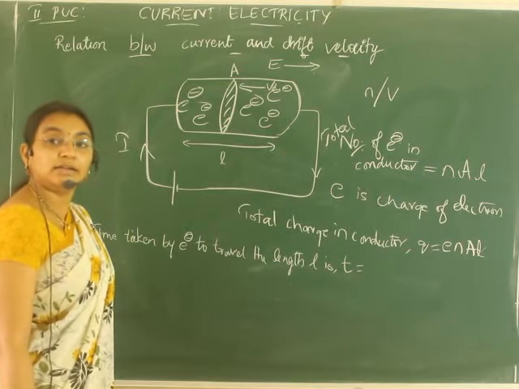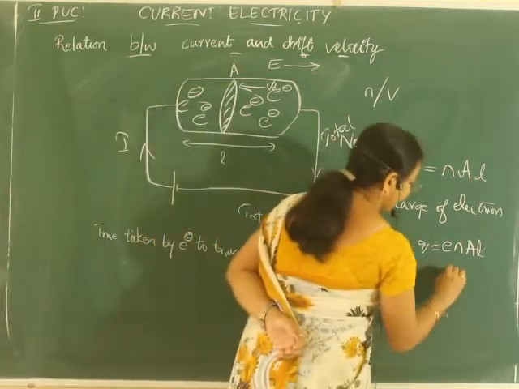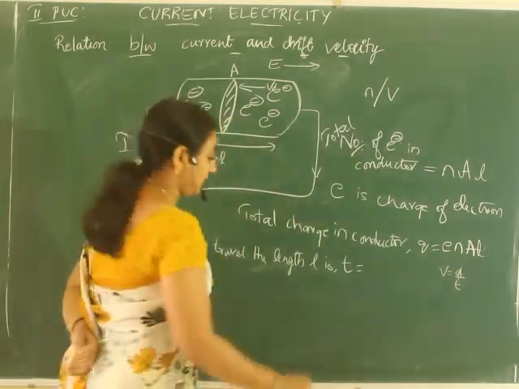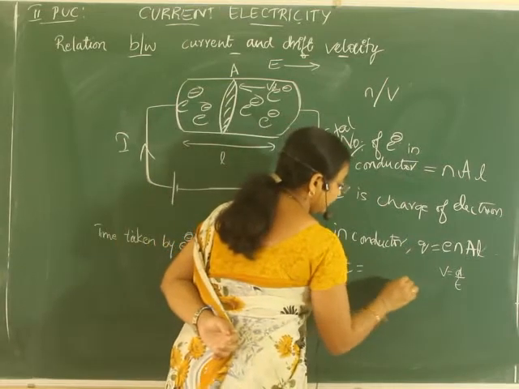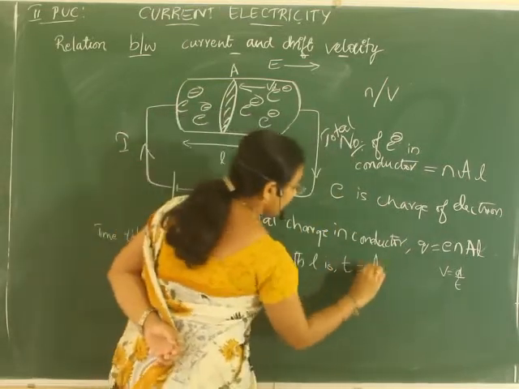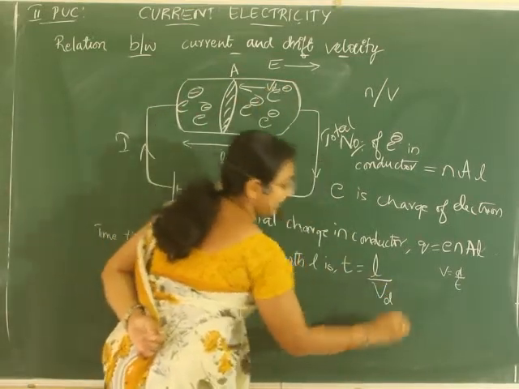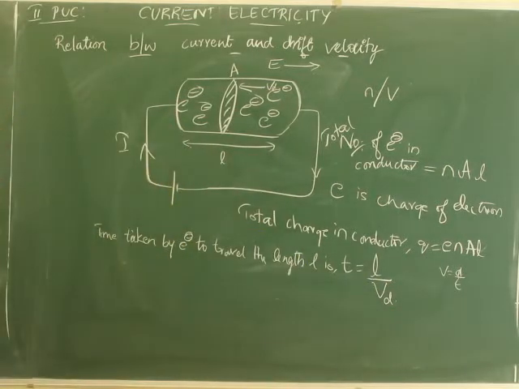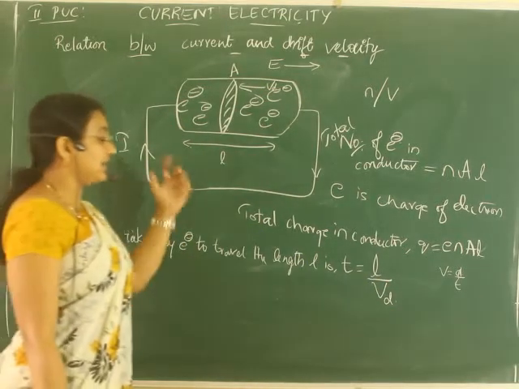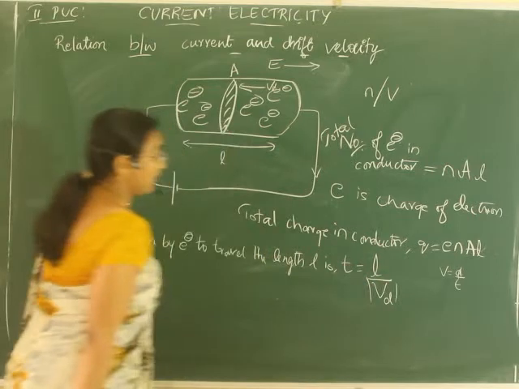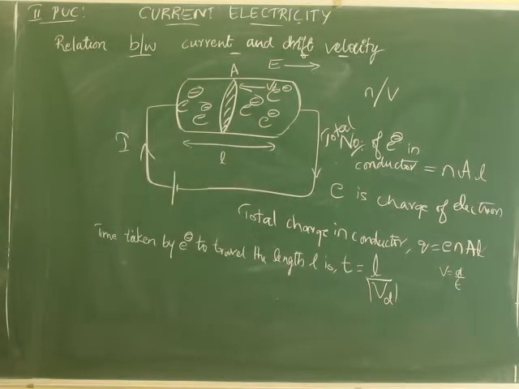Velocity is equal to distance by time. So time is equal to distance by velocity. What is the distance? Distance is L divided by velocity. Electrons will be drifted with the velocity Vd, correct? So time taken by the electron to travel the length L is t is equal to L by Vd, but we'll take it in terms of magnitude, okay? We want distance, that's all, correct? We don't want any direction, that is why we'll take it as magnitude. Fine, we got to know what is the time.